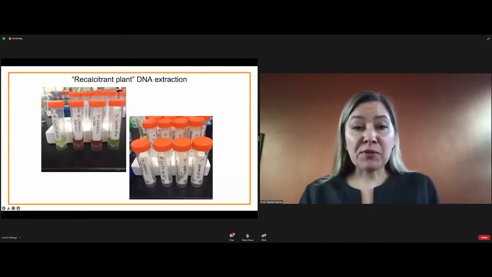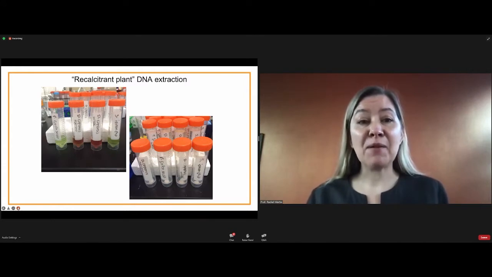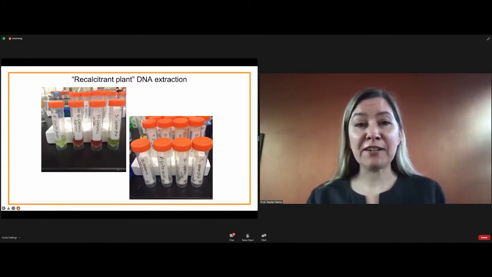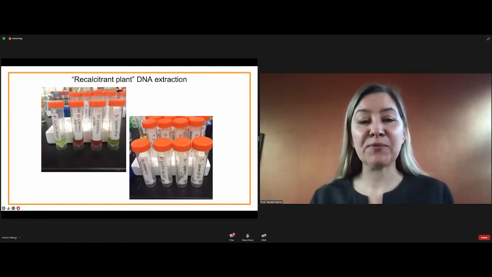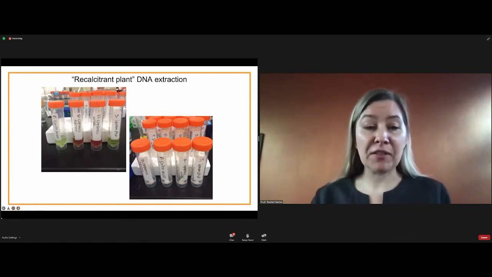In order to do this, we had to sequence the genome, and I extracted the DNA from this plant myself, which was quite an adventure. The protocols that turn out to be relevant for this use the term recalcitrant plant for plants that are hard to extract DNA from. There are several reasons they're recalcitrant.